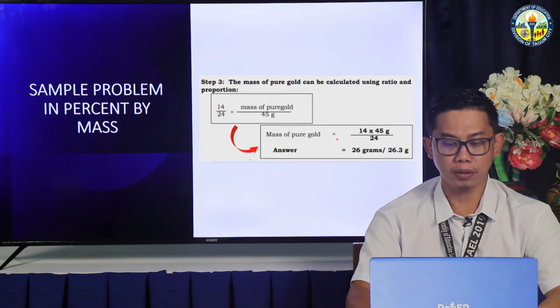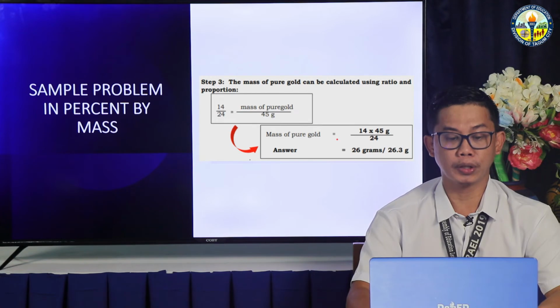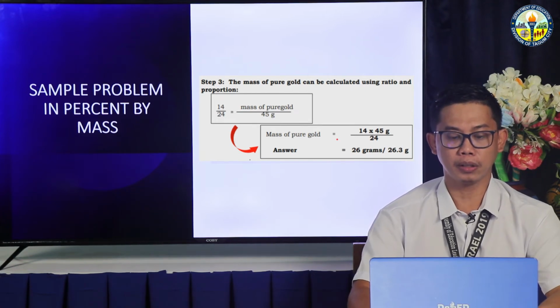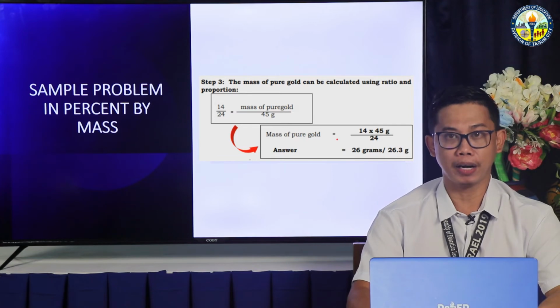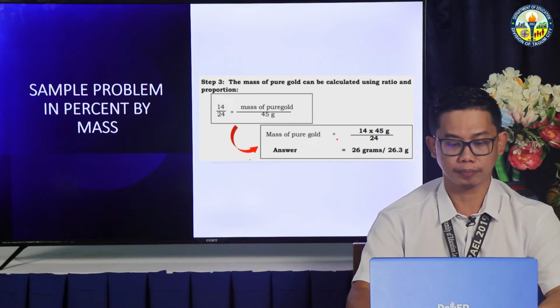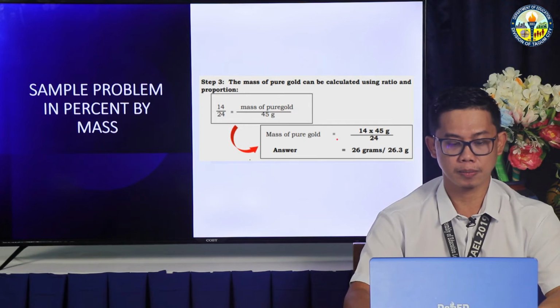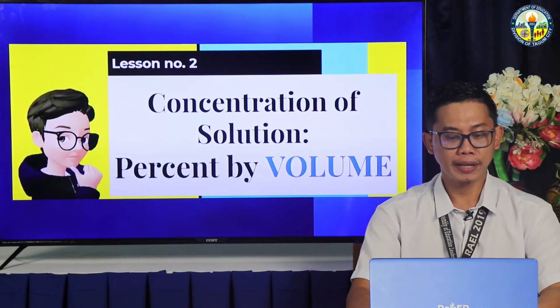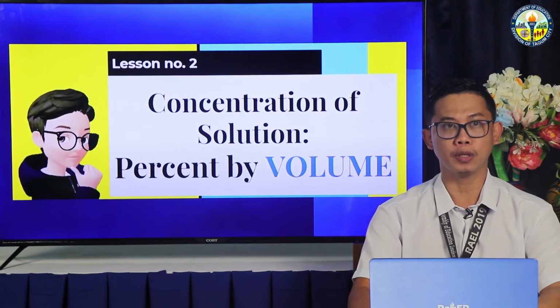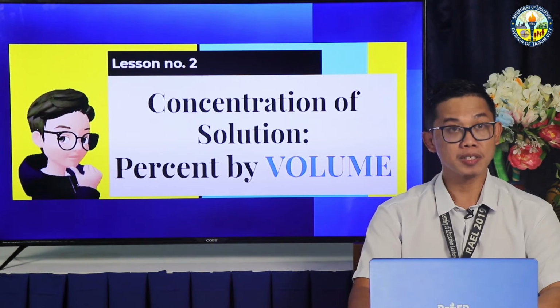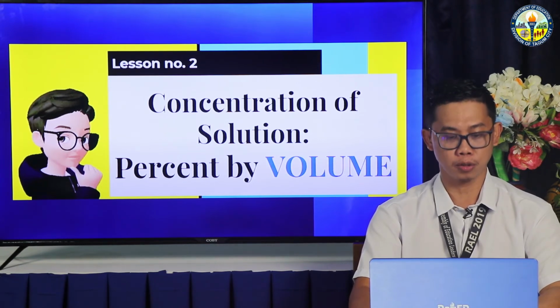Mass of pure gold is equal to 14 karat multiplied by 45 grams and divided by 24 karat. And the answer is 26 grams or 26.3 grams.